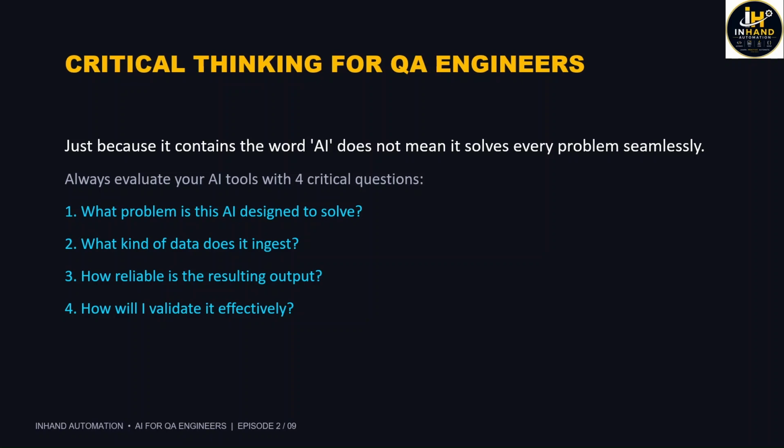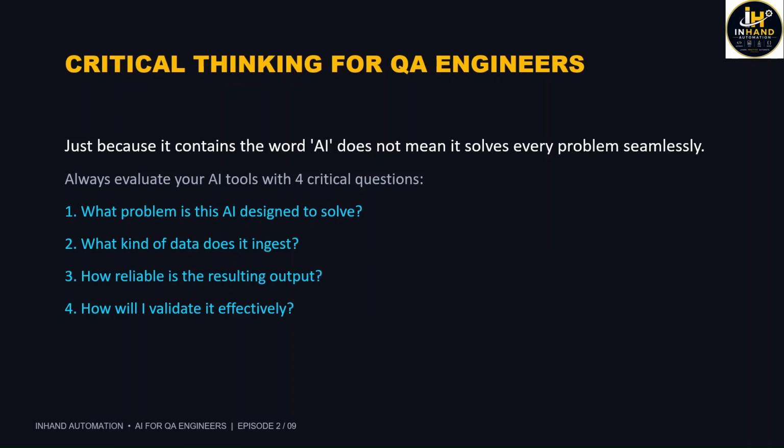A model that predicts test failure probability may not generate test cases. A visual AI system may be excellent at detecting UI differences, but may not know about the business rules. A generative AI model may write beautiful test cases for you, but still misunderstand your requirement.